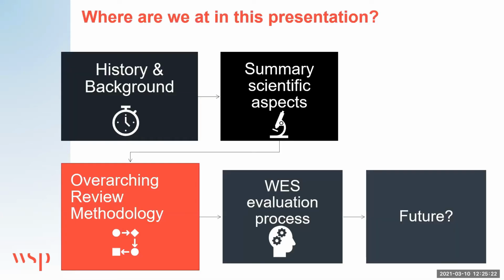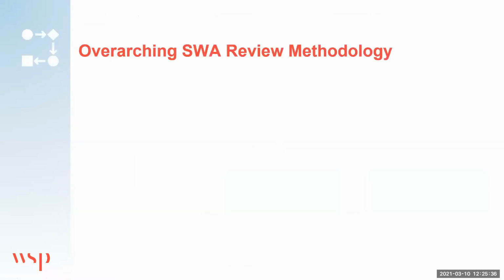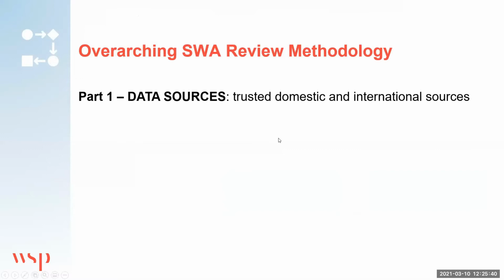So I'll move on. We've looked at the history background, and we've had a quick look at the summary aspects. Now I want to talk about the overarching review methodology, and that's not just deriving the values. This is the review methodology that Safe Work developed. It was developed by Safe Work Australia with Health Canada.